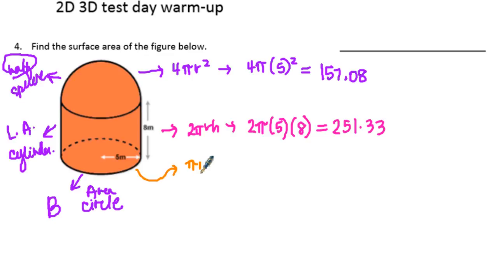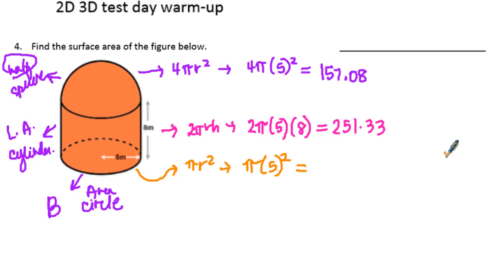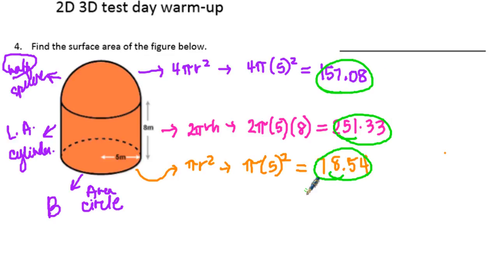And last, the area of the circle, pi r squared, 78.54. So the total area of this 3D solid is this plus that.